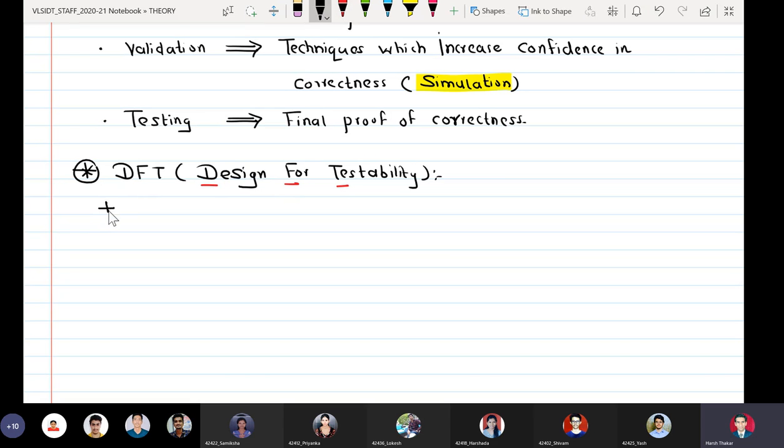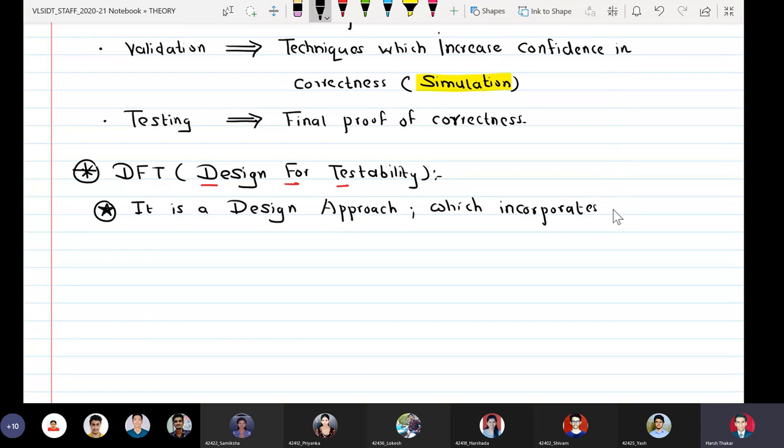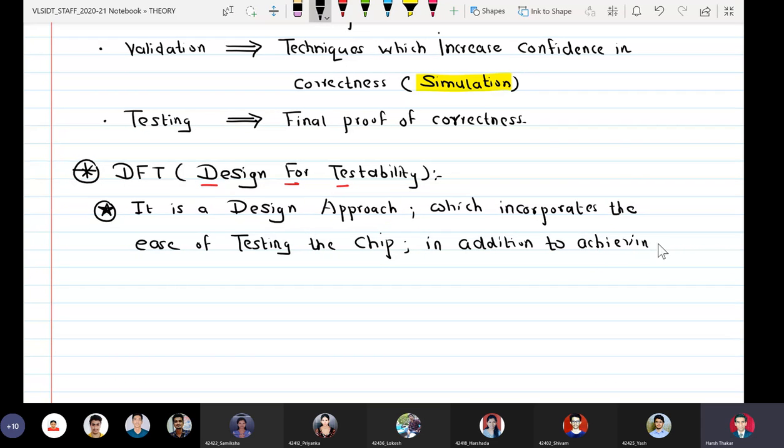So we can say that design for testability is a design approach which incorporates the ease of testing the chip in addition to achieving the desired functionality.